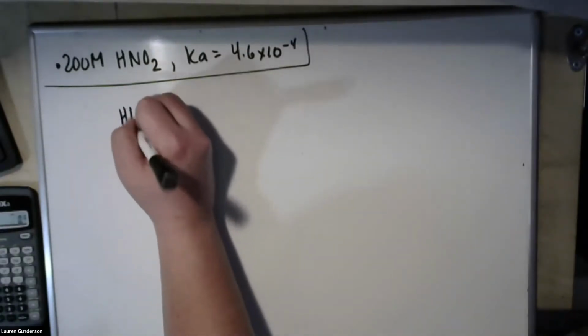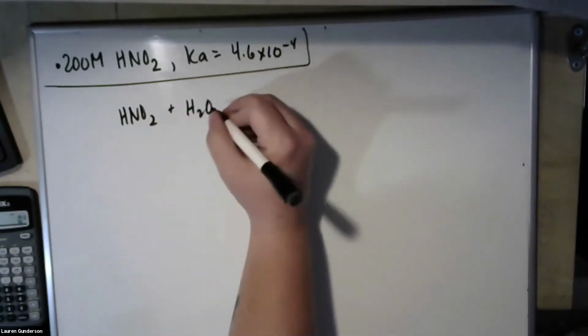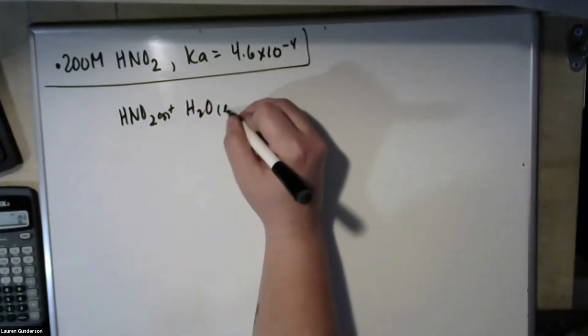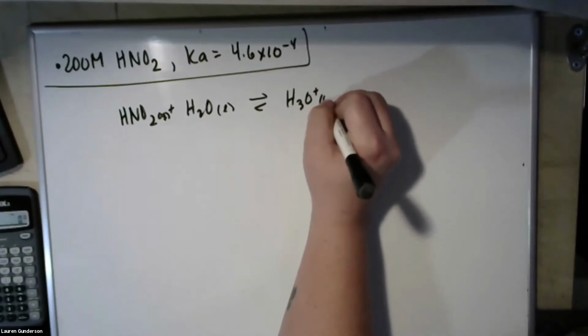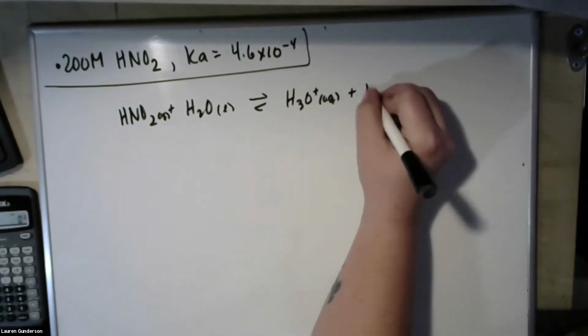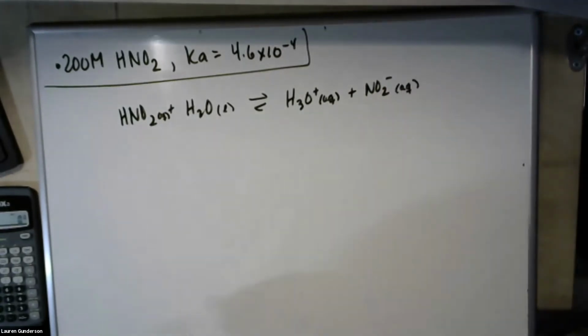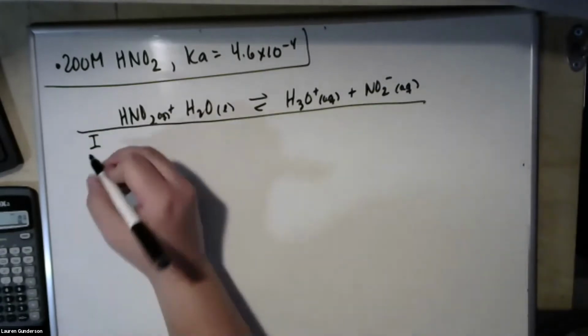First, we're going to set up our equation as a reaction with water. It's aqueous HNO2, liquid water, and it produces H3O plus and the nitrite ion. Okay, and then we could set up our ice table.